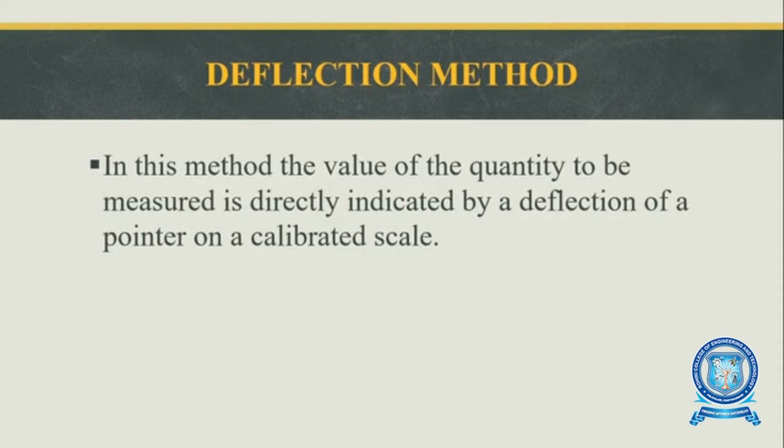At some point, it stops at a particular point. Then we can find out the value of the particular pressure. It is deflected due to the input pressure. The output value is shown by the deflection of the pointer on the scale. Then we can find out the output value.